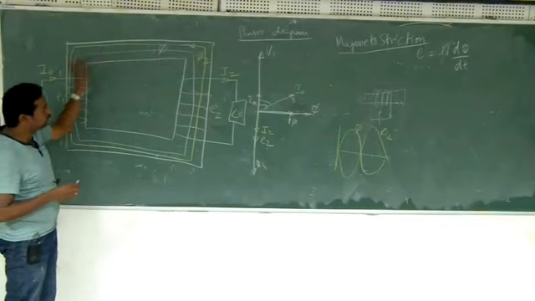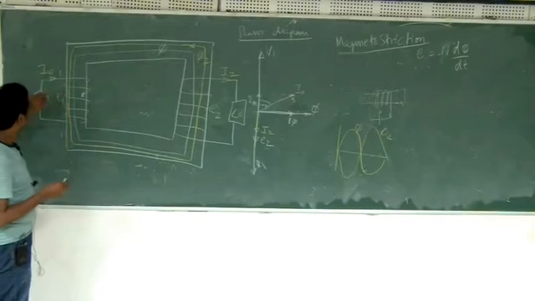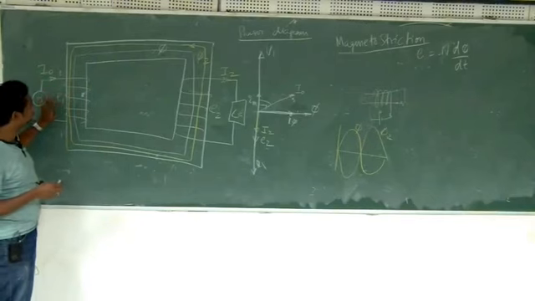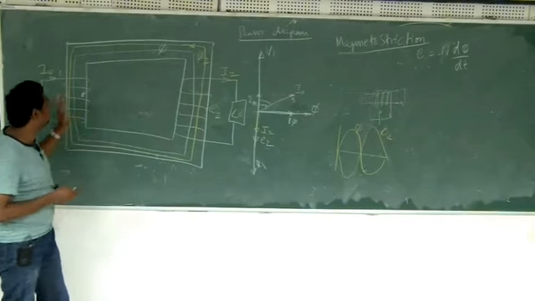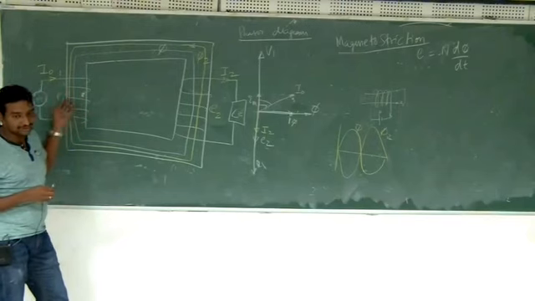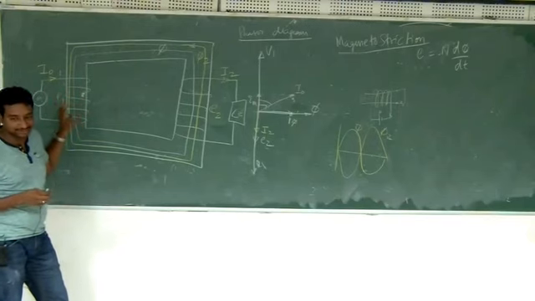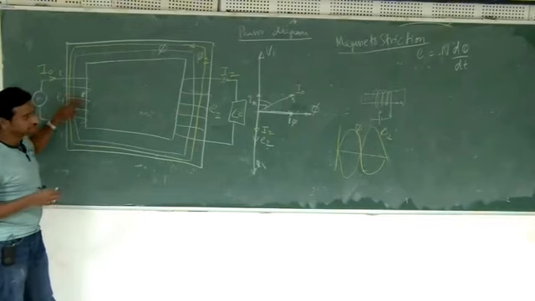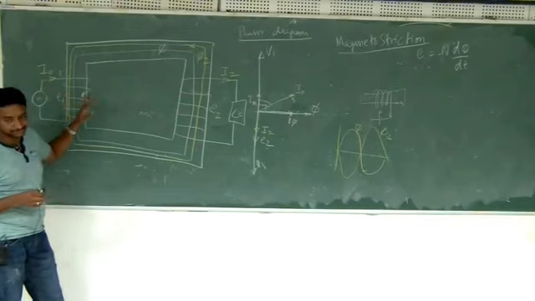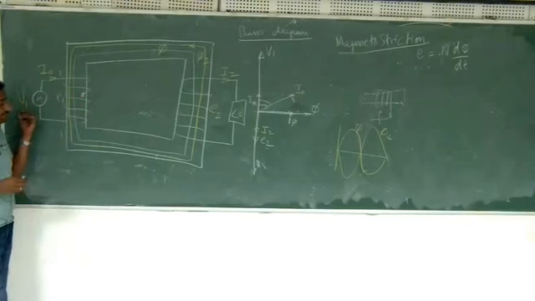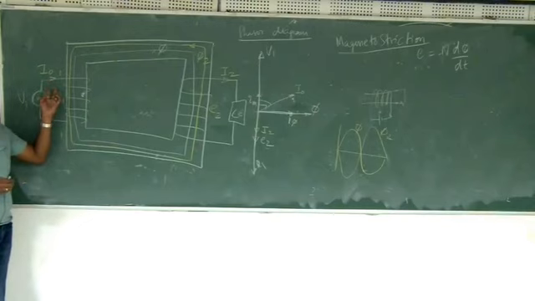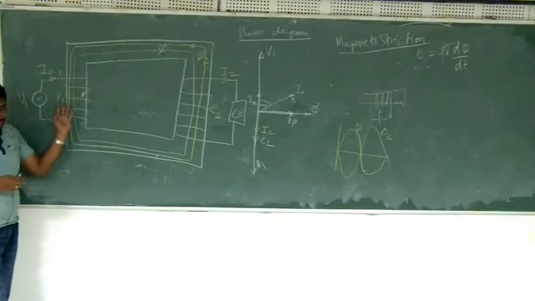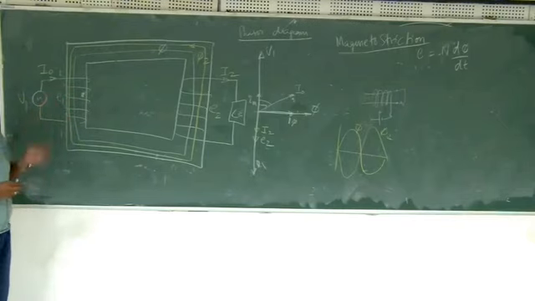There is a flux phi2, which also links with the first coil and induces another EMF here, which will reduce E1, and as a result, more current will be sent here. Because E1 is opposing this one, no load current I0 will be quite less. But because of this other EMF induced, more current will start coming.